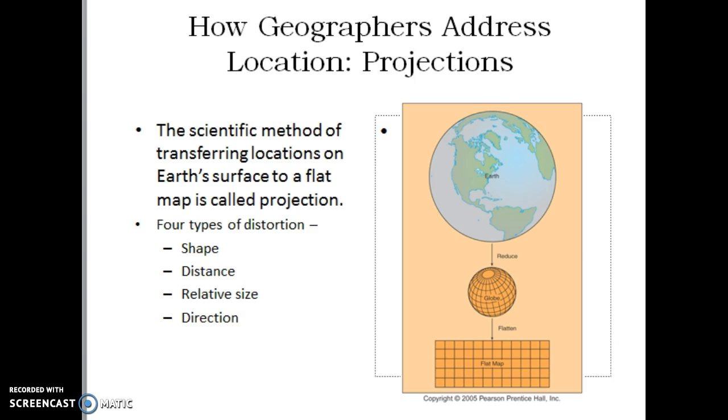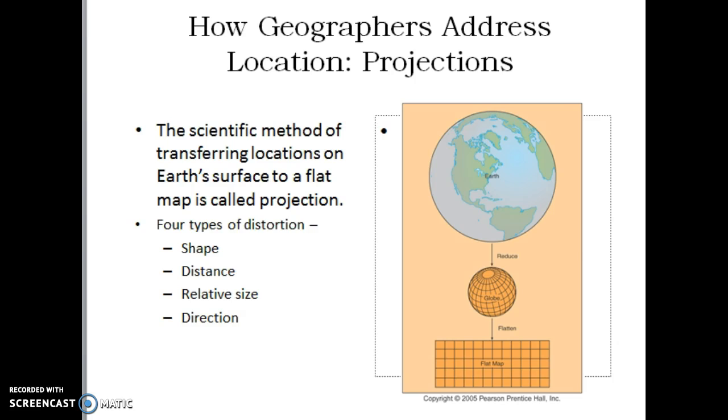Finally, another way that geographers address location, I want to introduce what is known as projections. Projections are talked about in key issue number 1 on page 8. There's also a section that we're going to be looking at more in depth when we get into our unit on maps.